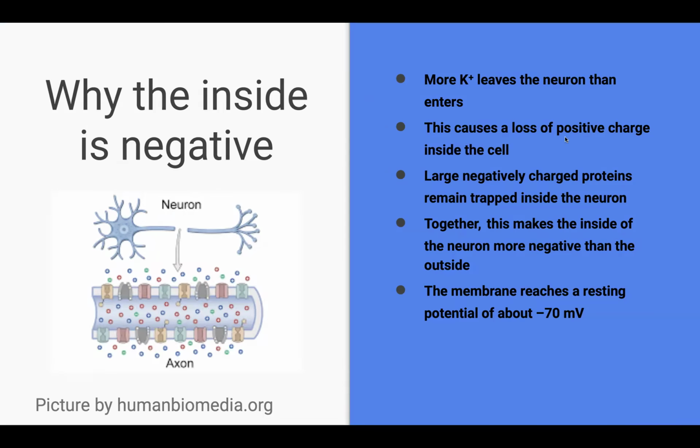So losing these ions would lead to loss of positive charges. Large negatively charged proteins remain trapped inside the neuron. Together, this makes the inside of the neuron more negative than the outside. And as I mentioned at the start, the membrane reaches a resting potential of about negative 70 mV.